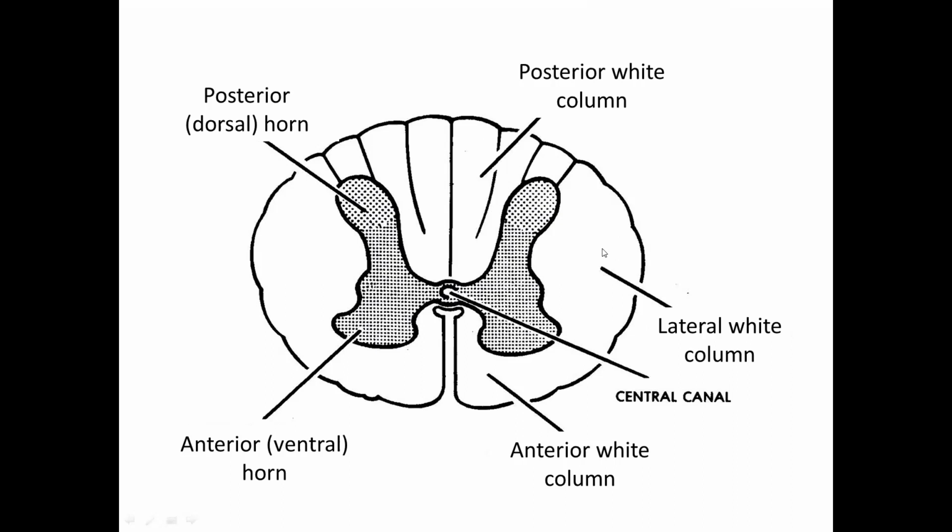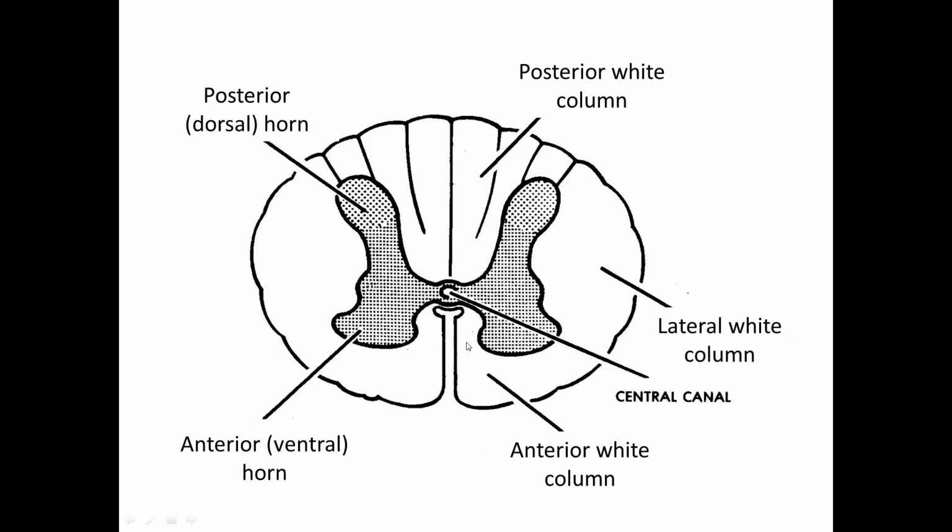And then on the lateral side, on either side, the white matter between the posterior column and the anterior column is what we call the lateral white column, okay? Lateral white column. And then the thin strip between the two anterior horns is called the anterior white column, okay? So posterior white column, lateral white column, and anterior white column, okay?